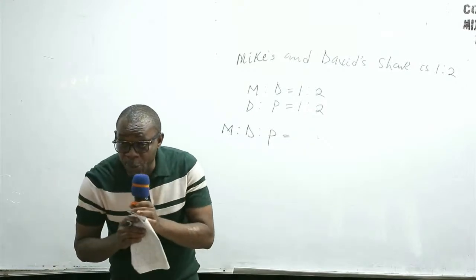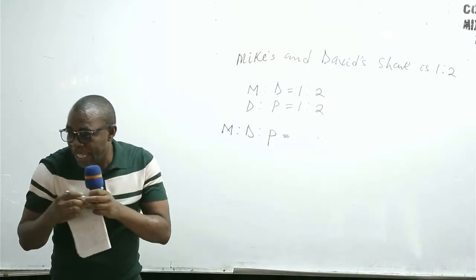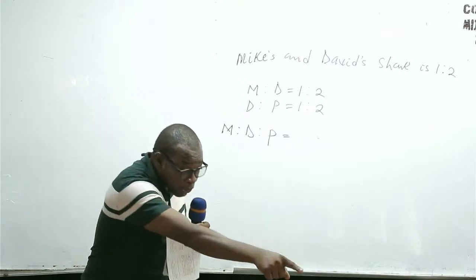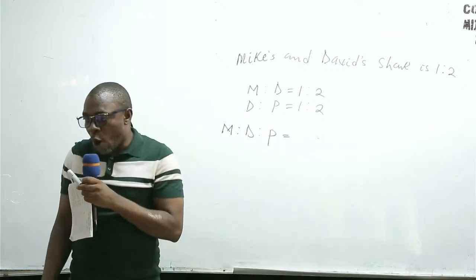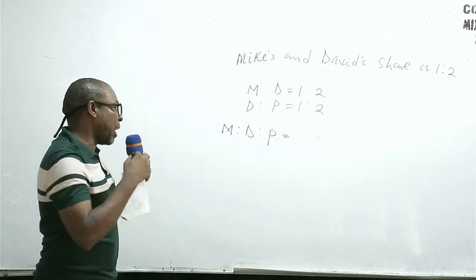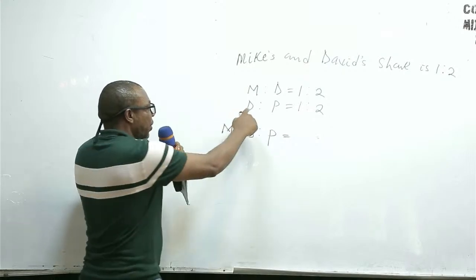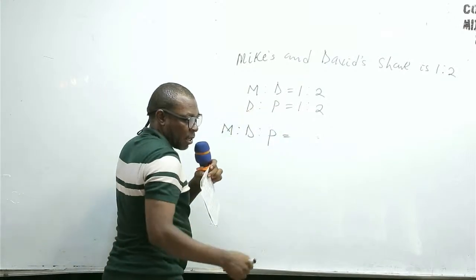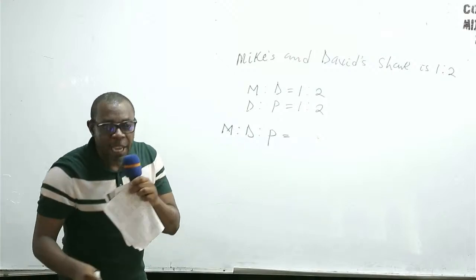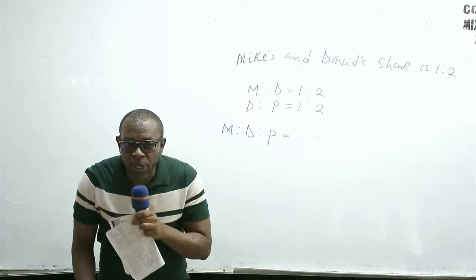I promise you. Leave it. Let's stress this head. There's no question they give you in this nursing exam you cannot solve without using your calculator. Let's watch it out.